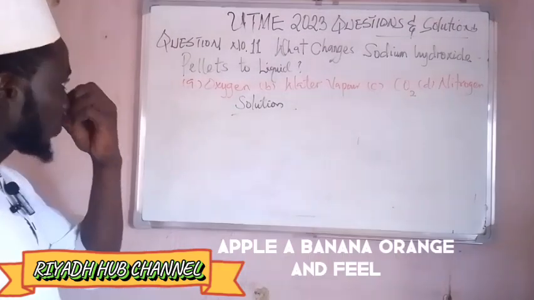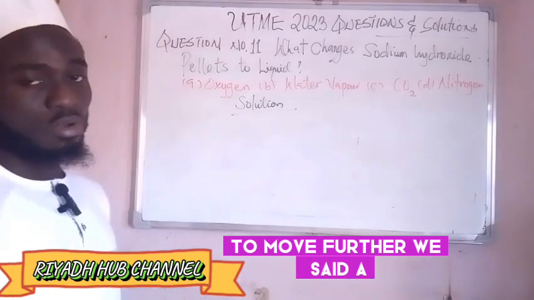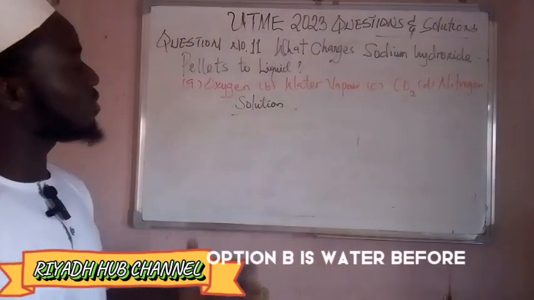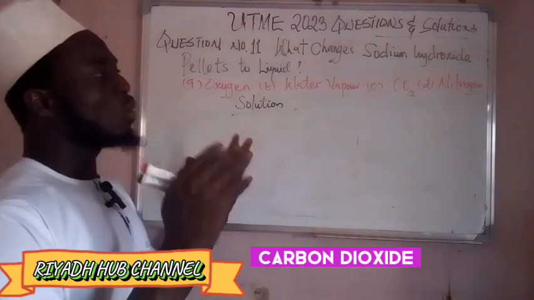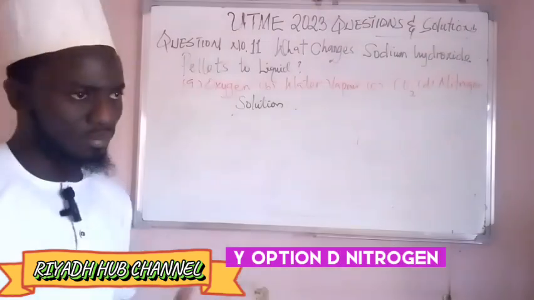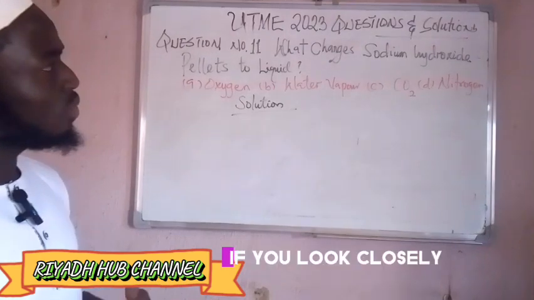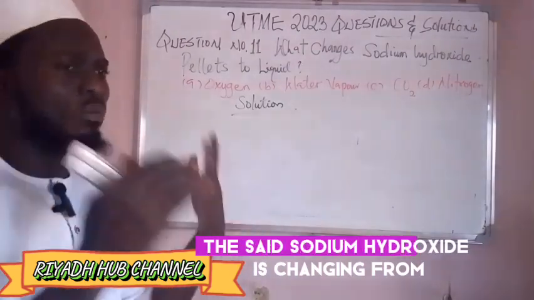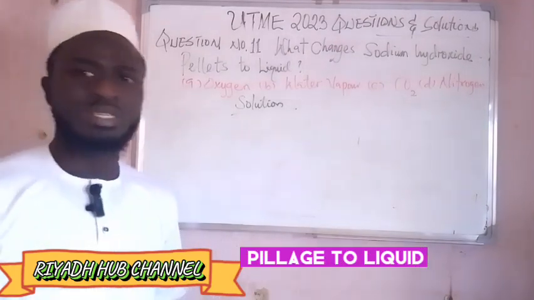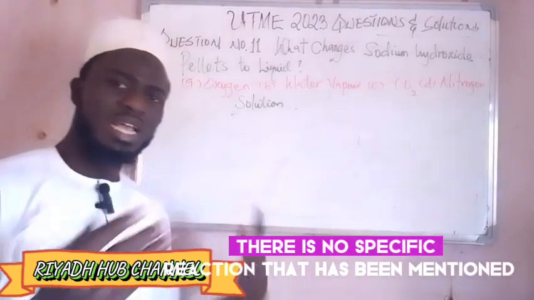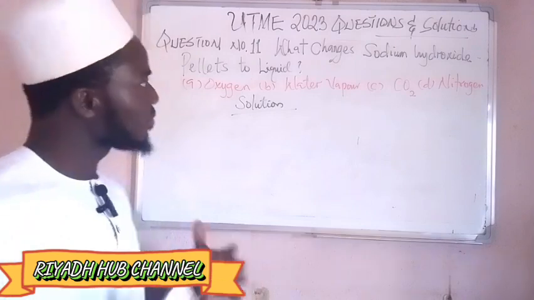However, to move further, option A is oxygen, option B is water vapor, option C is carbon dioxide, while option D is nitrogen. If you look closely, they said sodium hydroxide is changing from pellets to liquid. There is no specific reaction that has been mentioned.